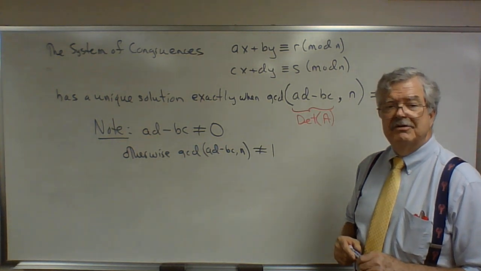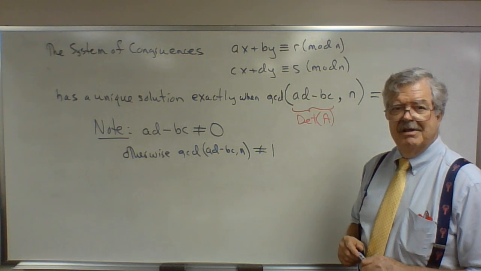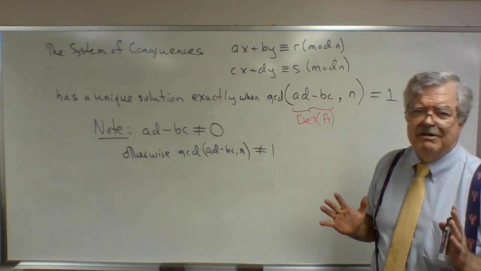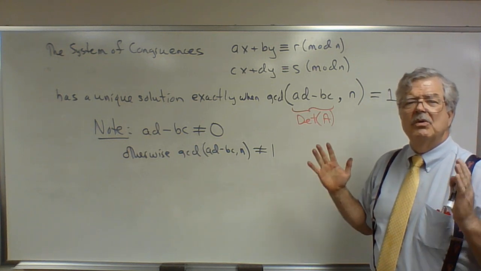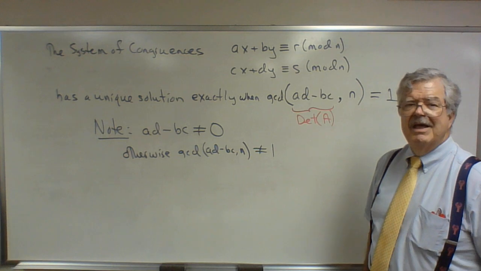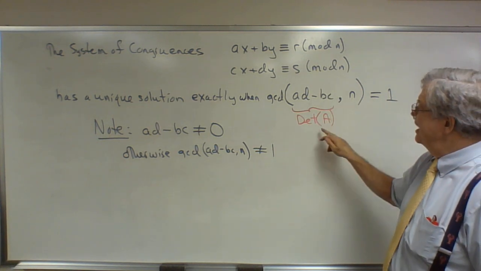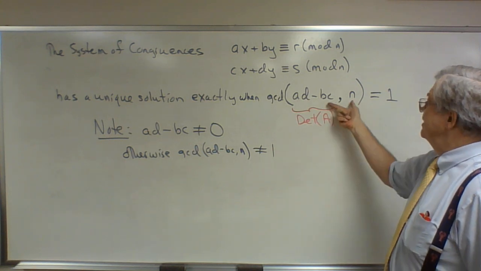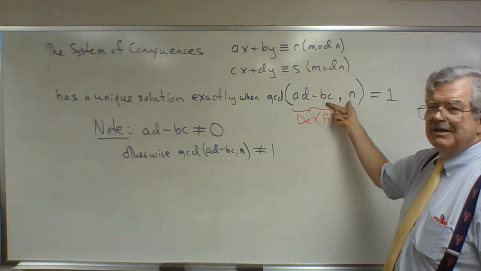But the solutions probably wouldn't be whole numbers. Since we're doing congruences and that involves modulo arithmetic, we only allow whole number solutions. And so that's essentially why we have this requirement that not only is the determinant of A not 0, but that these two things have to be relatively prime.